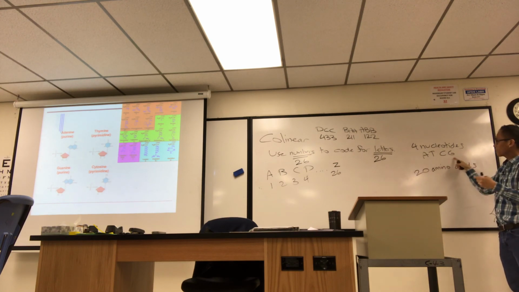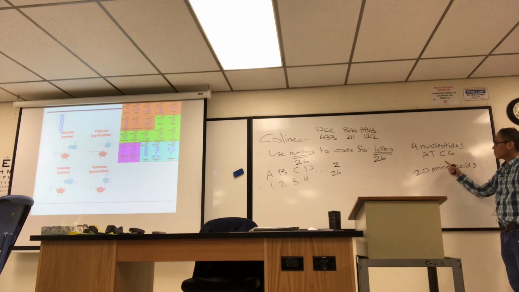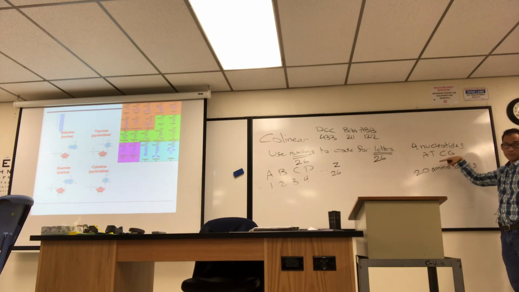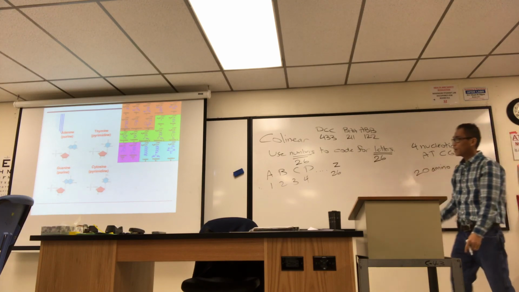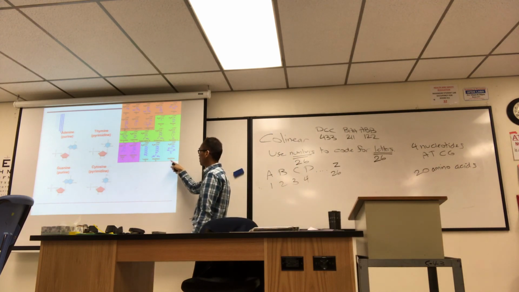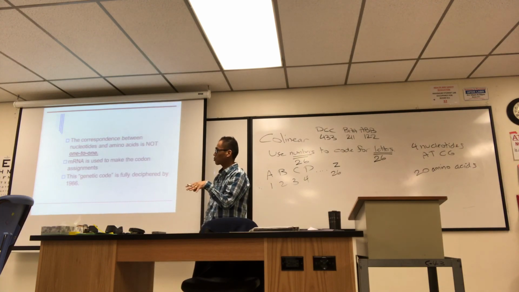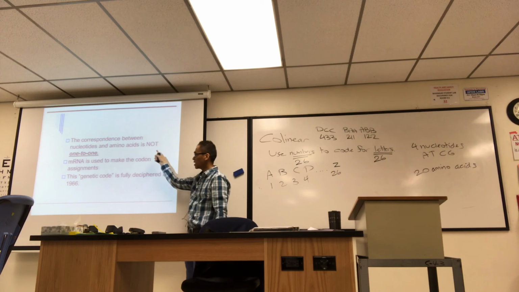If there are only 4 nucleotides, you could only code for 4 amino acids. Do you see the problem with that? That's a very ineffective code. You're missing the other 16. So obviously this is not a 1-to-1 relationship. For example, A cannot be the code for, I'm making it up, histidine, because you'd be missing 16. So it's not a 1-to-1 correspondence between nucleotides and amino acids.